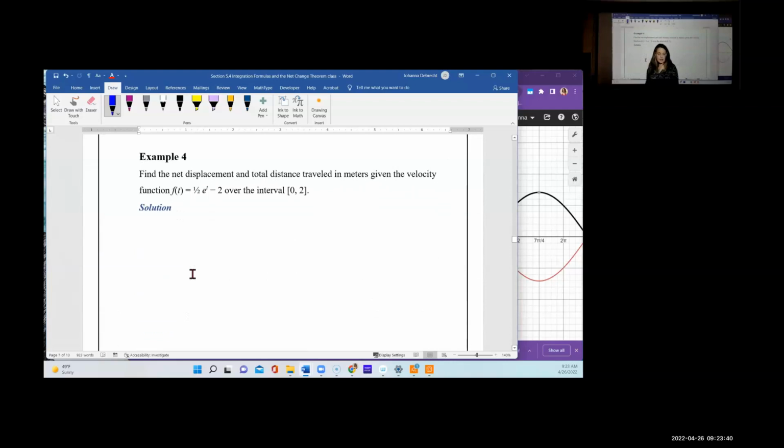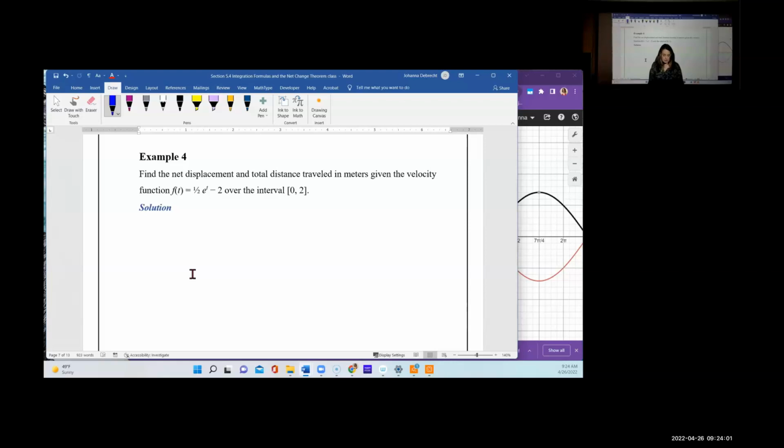So let's look now at example 4. In example 4, we are trying to find both the net displacement and the total distance traveled in meters, given the function 1/2 e to the t minus 2 over the interval from 0 to 2.